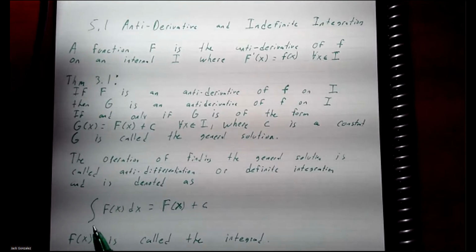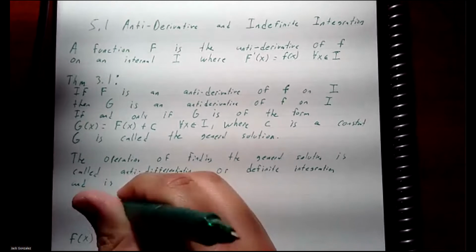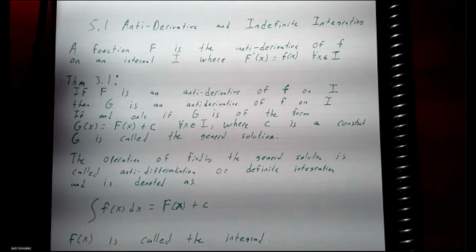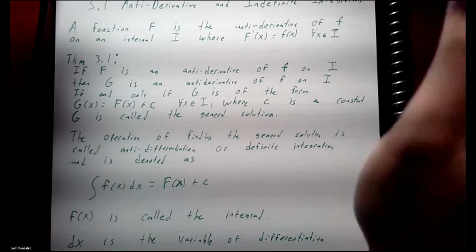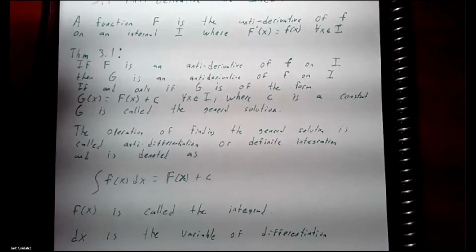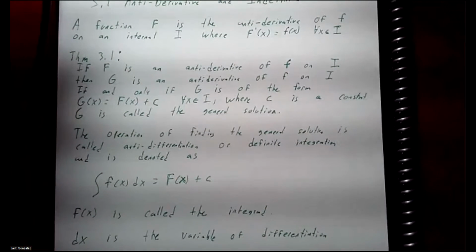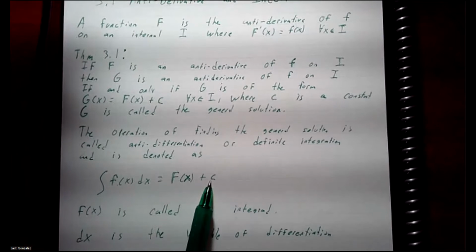The constant right here should be lowercase f. It looks the same to me, so we fix it. So the antiderivative of lowercase f is equal to capital F plus some constant.